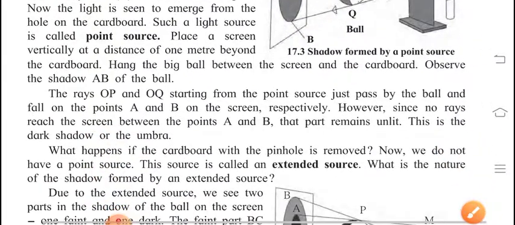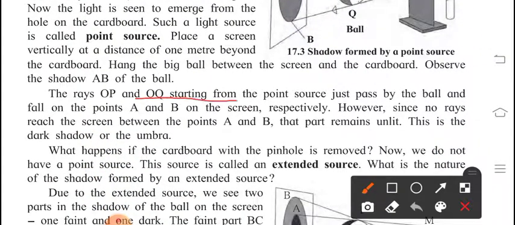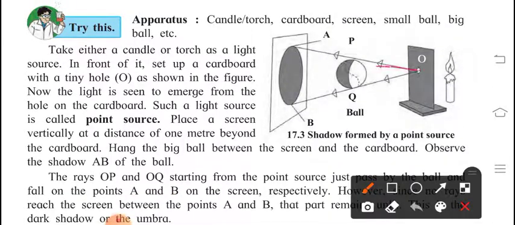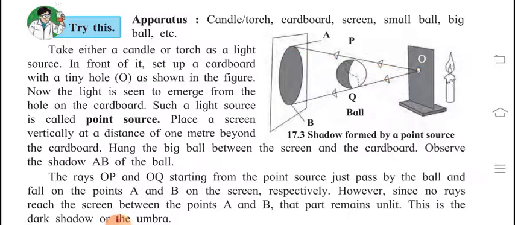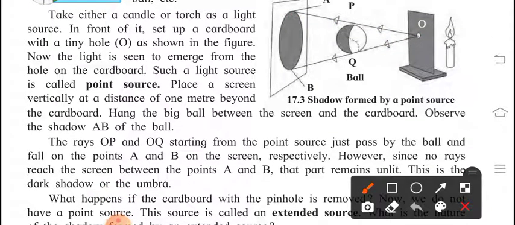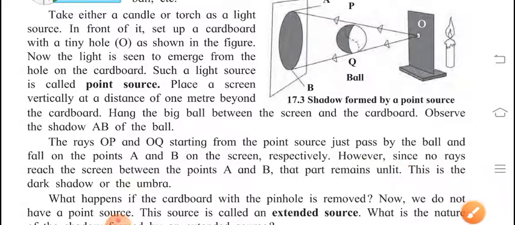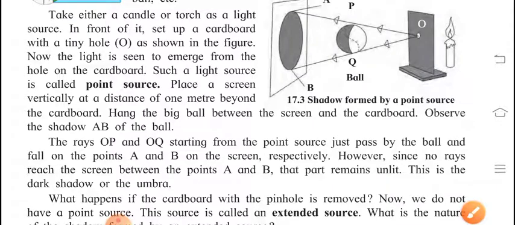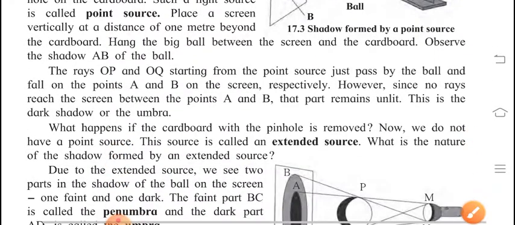So the rays OP and OQ starting from the point source just pass by the ball and fall on the points A and B on the screen respectively. However, since no rays reach the screen between points A and B, that part remains unlit. This is the dark shadow, or we can say it is the umbra.